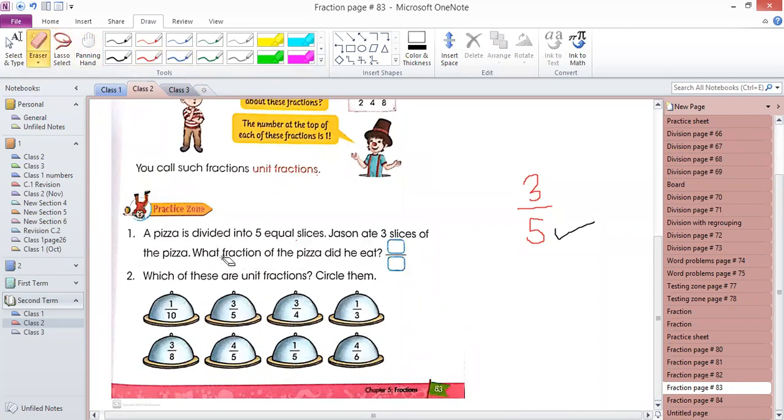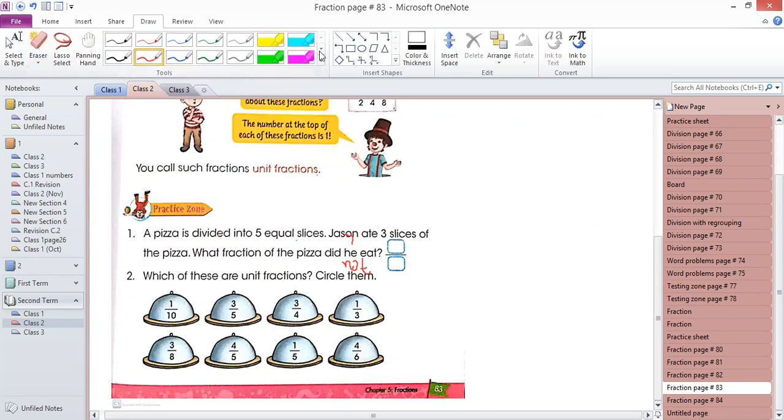But guys, if the question was changed a little, if the question asks you, write the fraction of the pizza he did not eat. Let's suppose the question asks, what fraction of pizza did he not eat? Then the answer will not be 3 over 5, because now you have to write the fraction of the pizza he did not eat. Out of 5 pieces, how many pieces did he not eat?